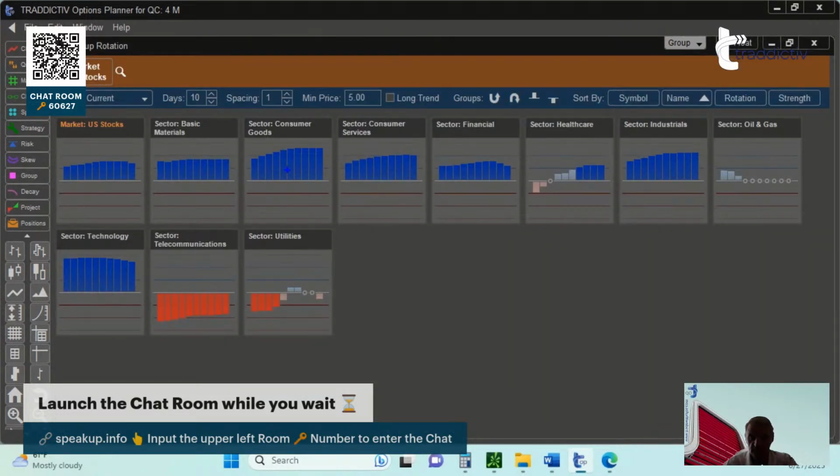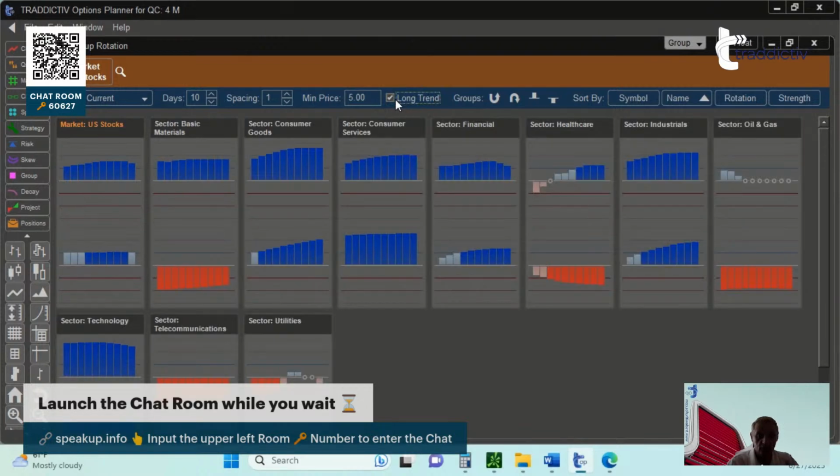As you can see right here, it says the current U.S. stock market. We can also look at where it says trend, which would give us a little bit more information than just the current monthly. If I put here longer term trend, it's giving me monthly and it's giving me weekly.